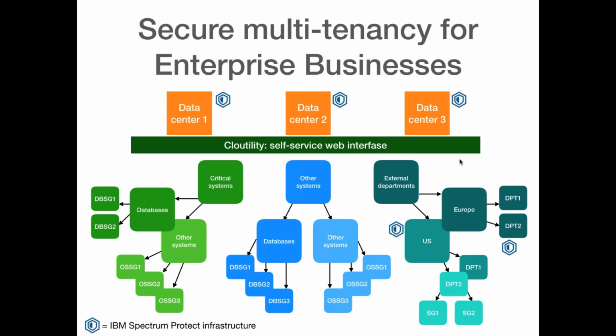Then they have other systems, that's the blue in the middle, that again is divided in this case into databases and other systems, and then there are some server groups. And then on the right-hand side, this could be a global company that is providing these services to different parts of the world. For each of the parts, you know, Europe and US. For Europe, there could be different countries. For each country, there could be different departments with different server groups.